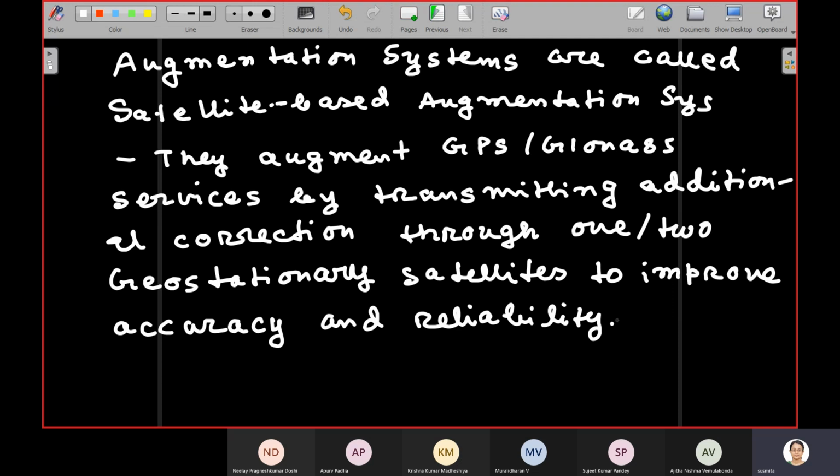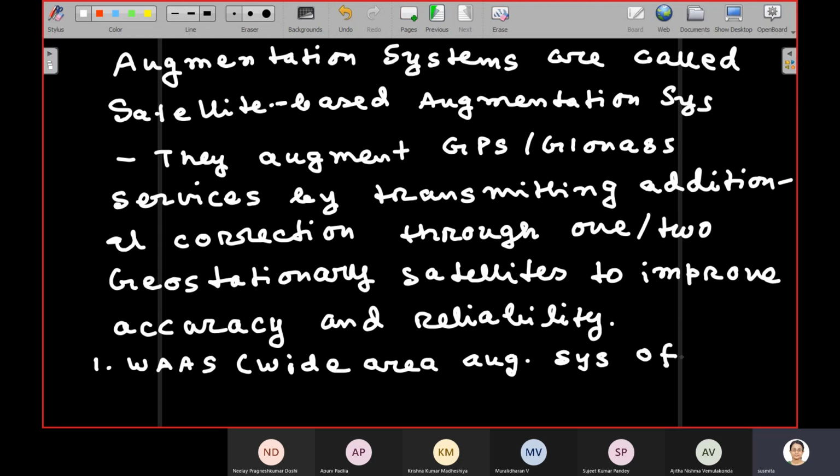Now, there are multiple systems like this. WAAS, Wide Area Augmentation System, was the first such system developed by the US.